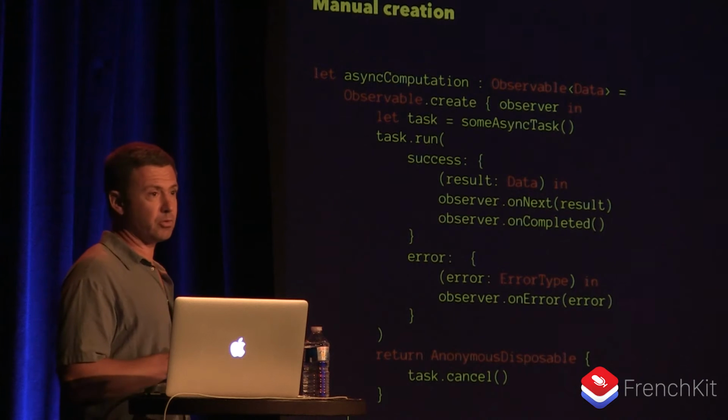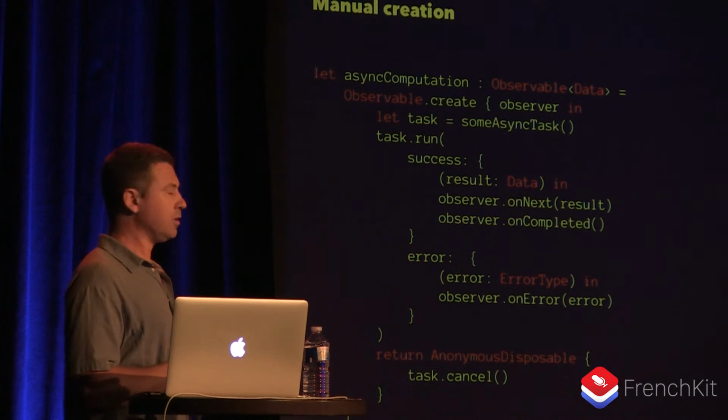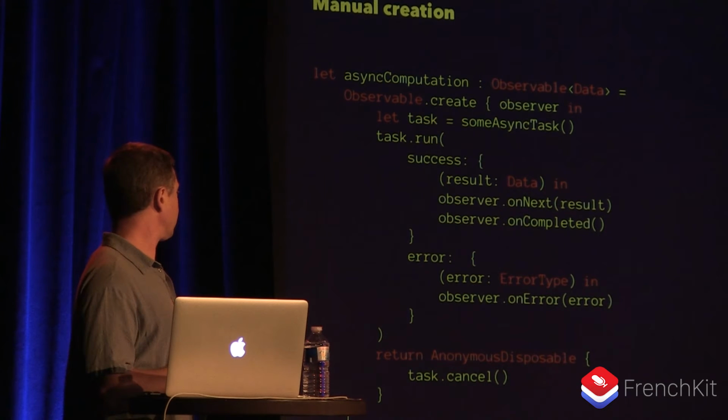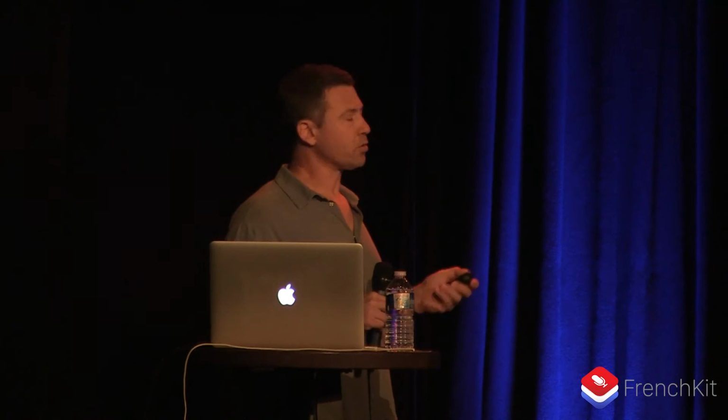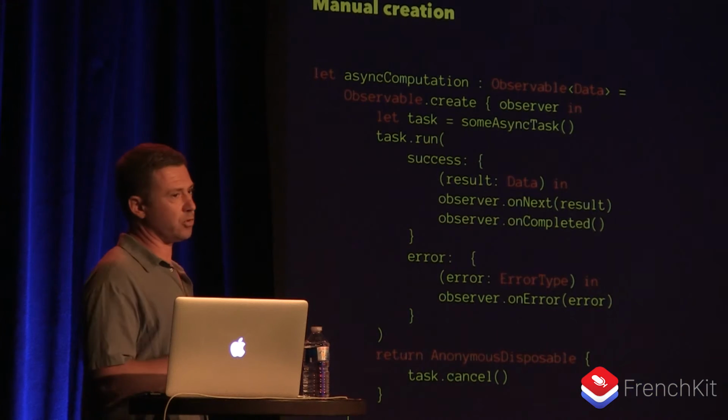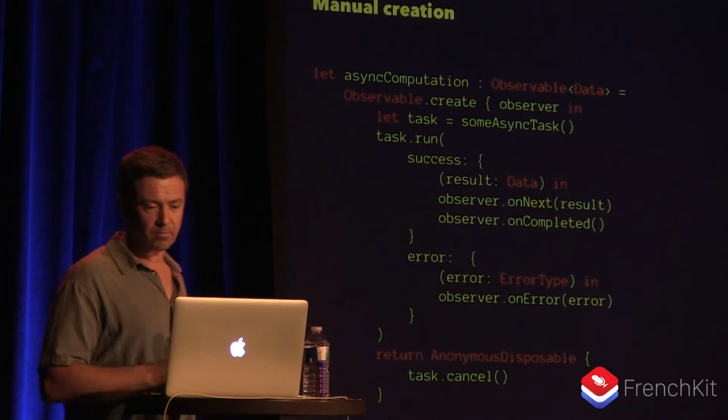Since this is an asynchronous task, if the subscriber wants to cancel his subscription, he will use the dispose method. When the dispose method is called, our disposable is called itself, and we can cancel the task. This is also called when our sequence ends. So you have to take provisions if your task doesn't support being cancelled after it's done.